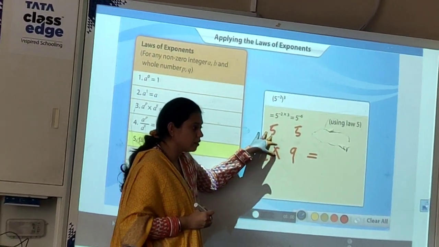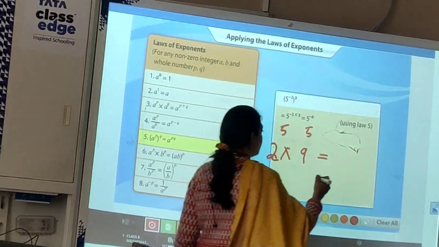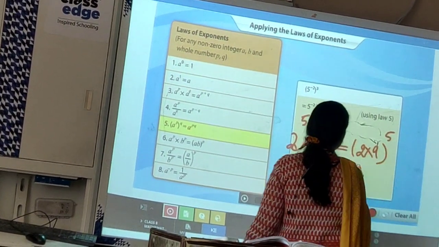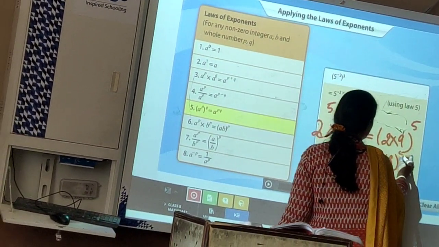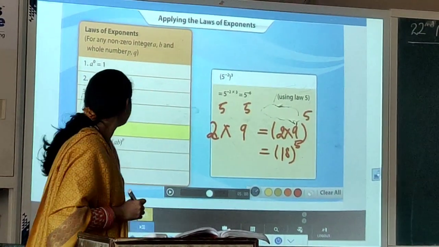Both the powers are same, but the bases are different. So what to do? Multiply the bases with the same power. So 9 2s are 18 raised to power 5. Is it clear to all? Yes, ma'am.